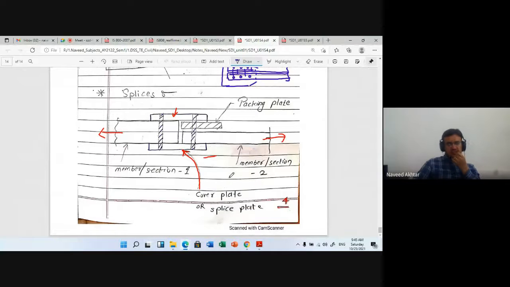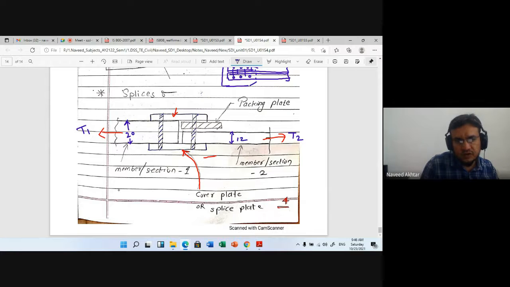Splices: if there are two tension members, one having thickness T1 and another having thickness T2. Okay, so here if the thickness is 20 mm and here the thickness is 12 mm, the connection will not be good.